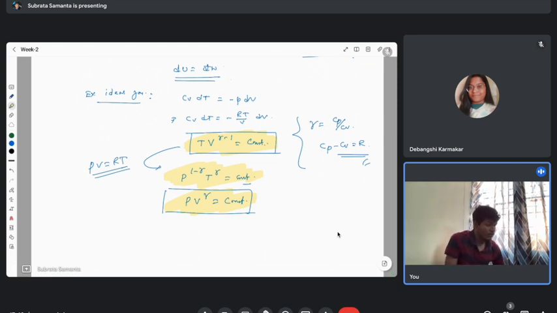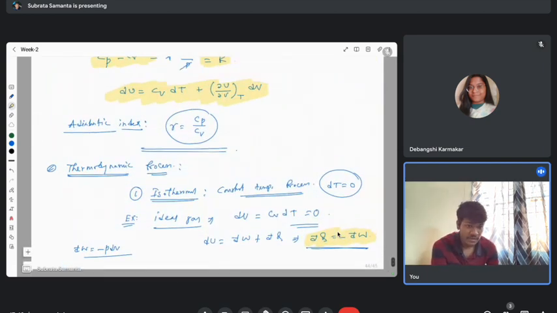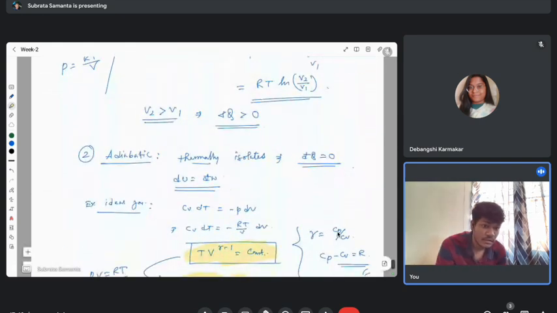Now we are going to the assignment. There are other processes. Isothermal means the temperature is constant. Adiabatic means a thermally isolated system, where heat is not transferred to or from the system.